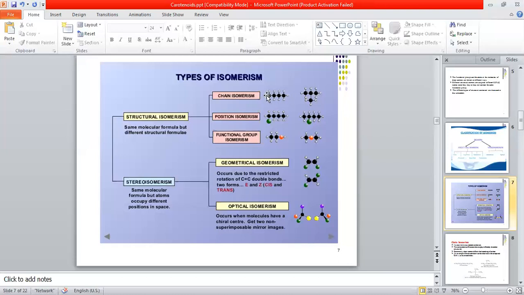This one is a horizontal chain, an unbranched chain, right? This one is a continuous example. The black ball indicates a carbon atom, and the white ball indicates a hydrogen atom. So this one is C4H10, the butane molecule.